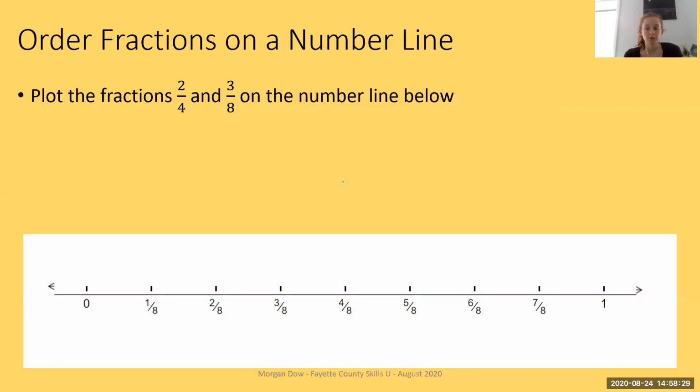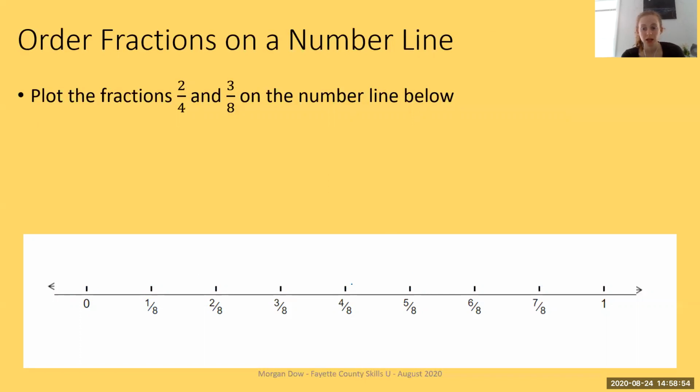First thing I'm going to do is I'm going to look at my number line, and I see that the whole number 1, so the space between 0 and 1, is cut up into 8ths. It's cut up into 1, 2, 3, 4, 5, 6, 7, 8 equal parts.